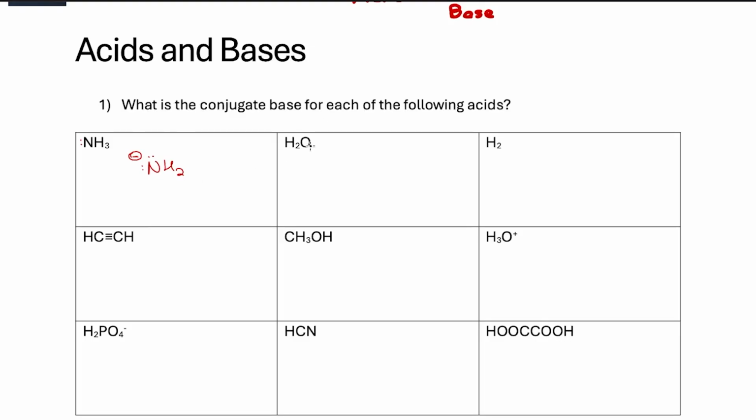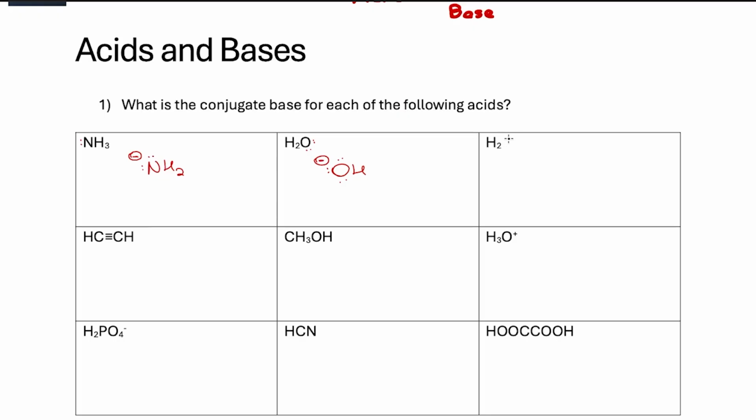Now, water, I guess, is the canonical example to use for acids and bases. If water loses a proton, it becomes OH, but it also gains a lone pair. It used to have 2 lone pairs, now it has 3 lone pairs, and it ends up with a negative formal charge. H2 is a weird one.